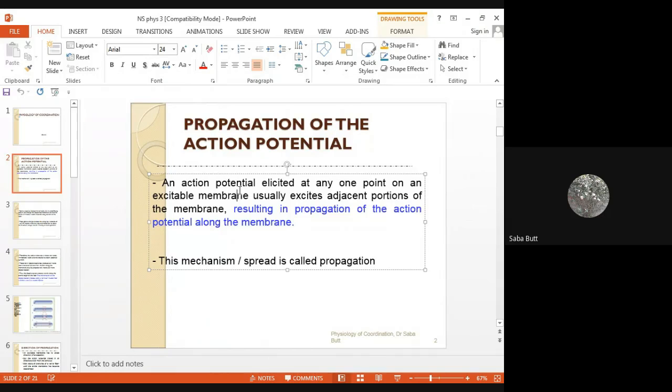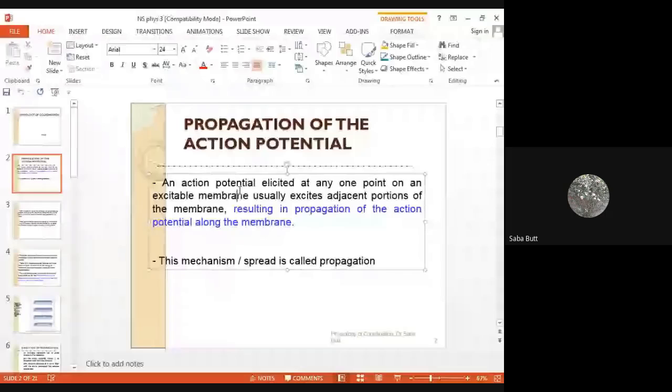As I explained in the last class, they will move in multiple directions, mostly in the cell body and also on the dendrites. If they reach the axon hillock, then they will be transferred to the axon, and the message will be transmitted to the next neuron.